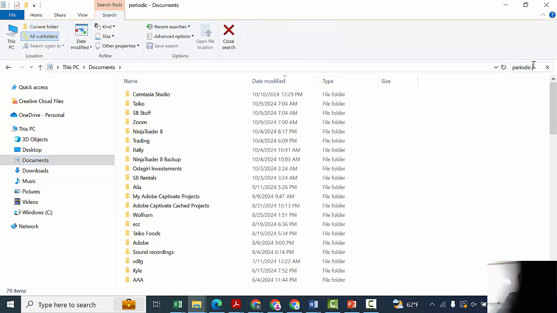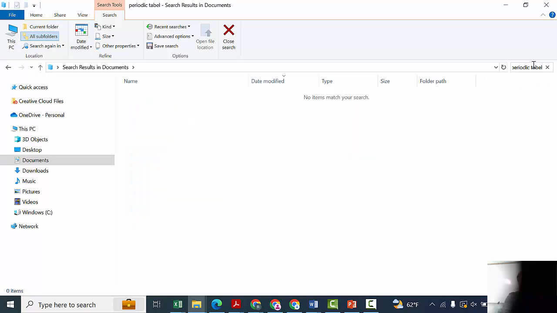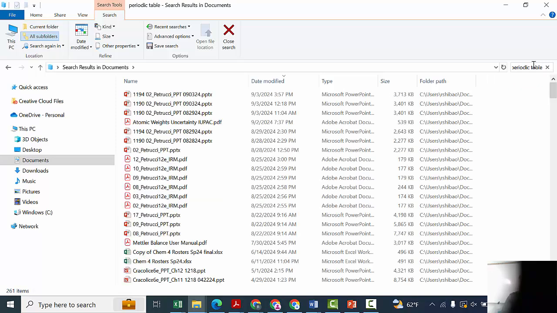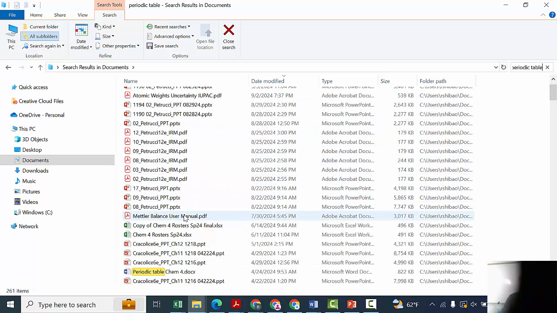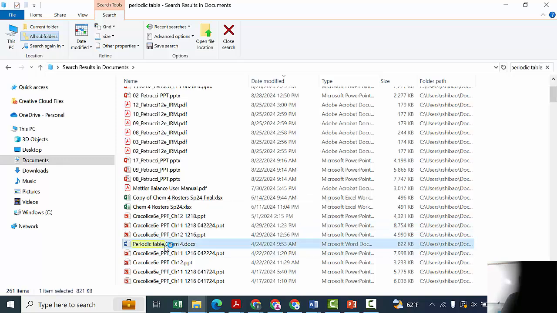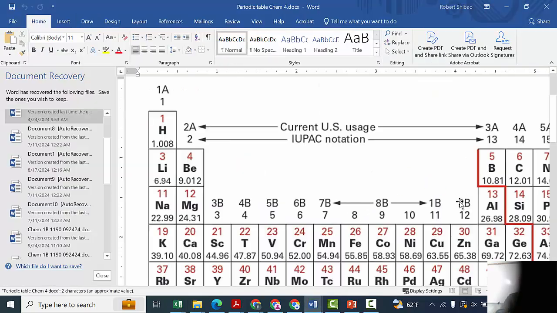Let me pull up a periodic table here. This time I'm just going to use a Chem 4 periodic table.